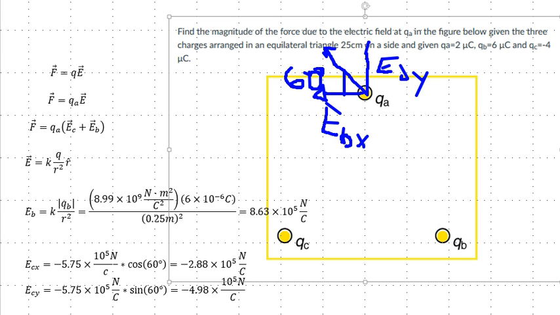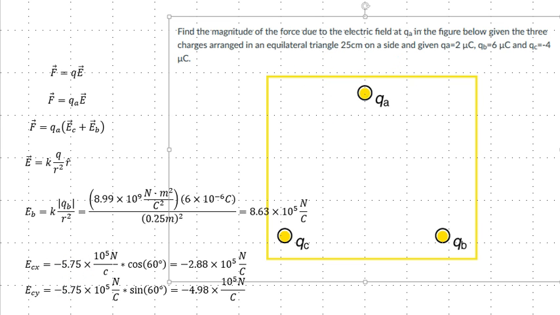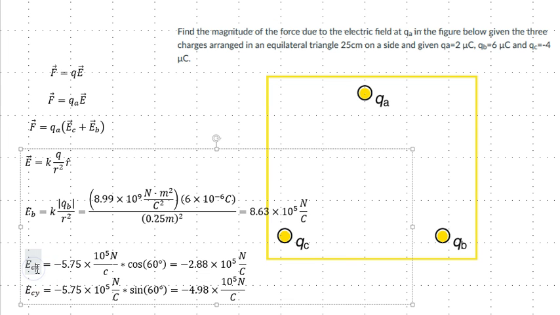So what does that change from what we did with C? The x component is still pointing in the negative direction, so that minus sign stays. But the y component is now pointing in the positive direction, so the minus sign on the y component flips to a positive sign. As we convert from E_C to E_B, this stays negative, 8.63.